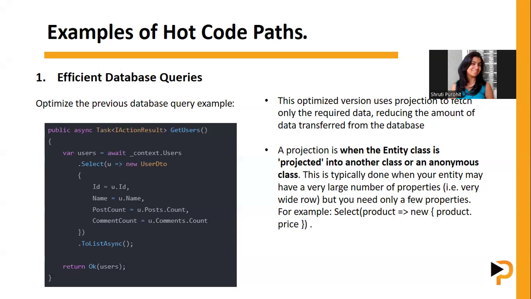This is typically done when your entity has a very large number of properties, say 12 to 13, and you need only a few of them. For example, select product, new product dot price. We just want the price of that product, correct?